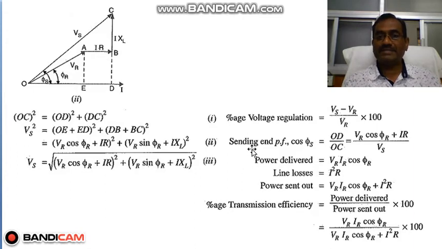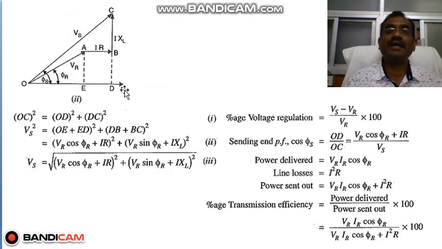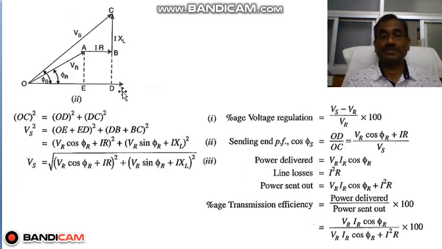And let us calculate the sending end power factor, cos phi s. Cos phi s is the angle between sending end voltage and sending end current. Sending end current and receiving end current are the same here in case of a short transmission line.